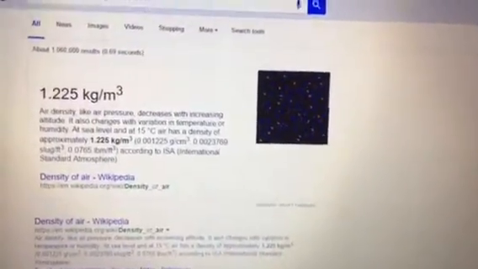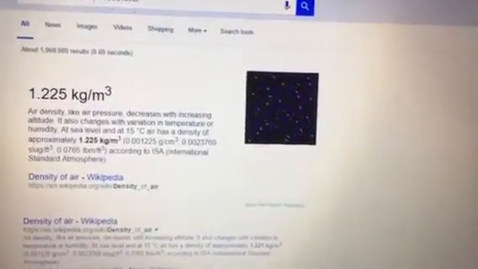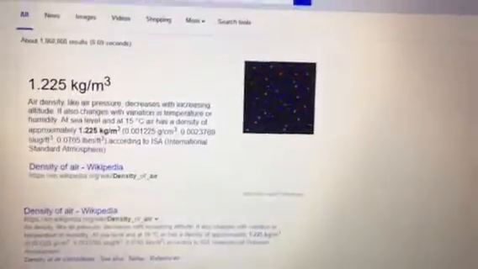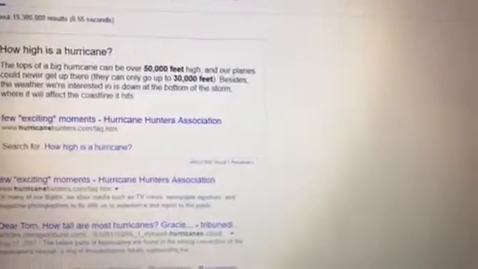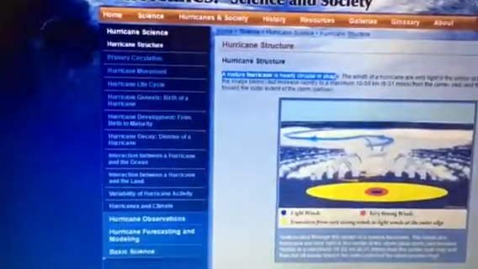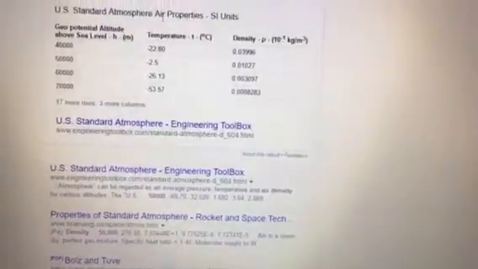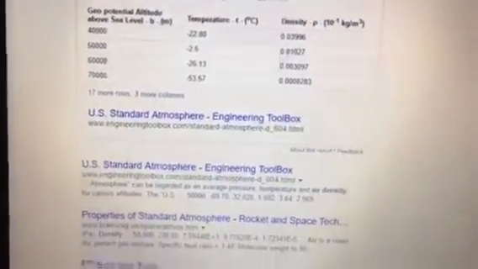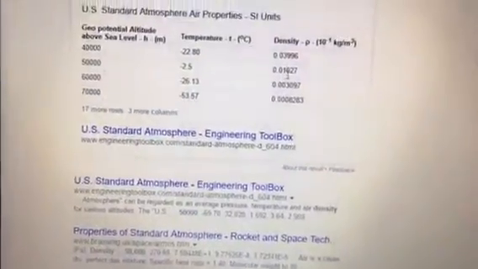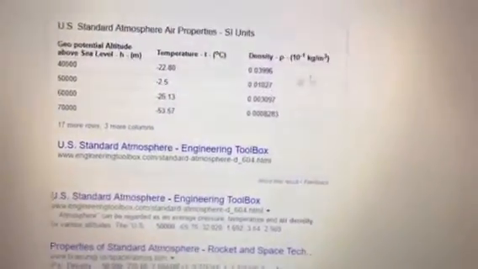So at surface level, it is 1.225 kilograms per meter cubed. However, the height of a hurricane is 50,000 feet. So I found what the air density would be at 50,000 feet, which was 0.01027 kilograms per meter cubed.